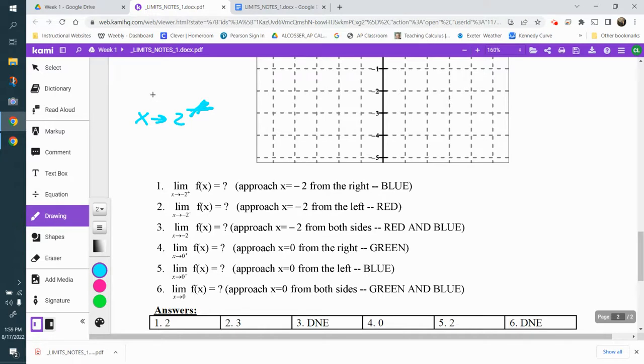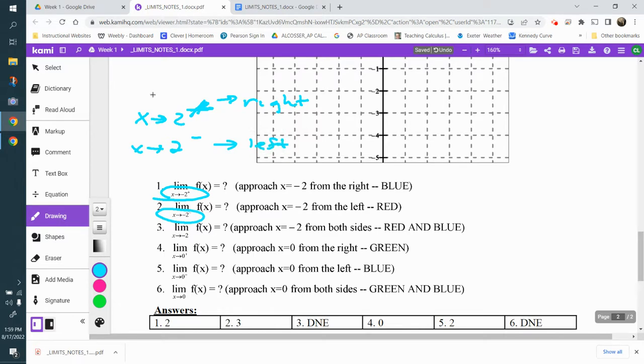The plus means it's coming from the right. A minus, x approaches 2 with a minus sign, means it's approaching from the left.